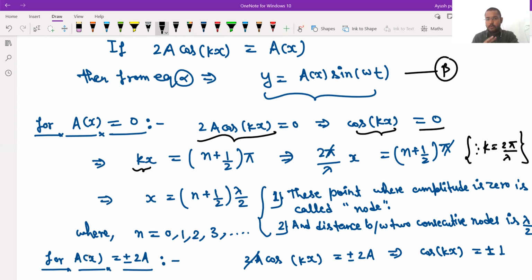Now, from this analysis you can conclude two points. What are those two points? First, the distance between two consecutive nodes. Let me explain this to you.